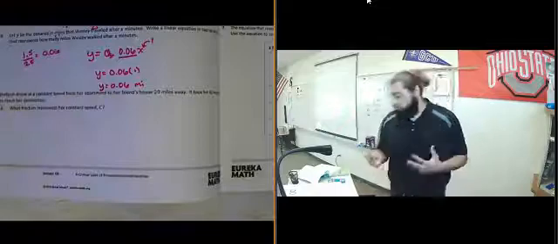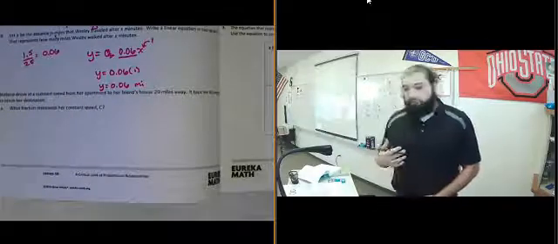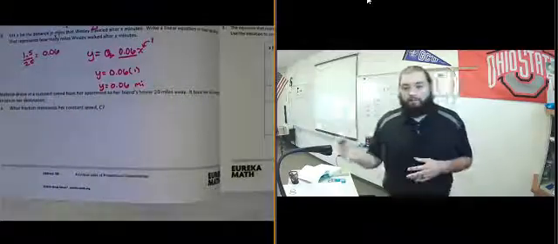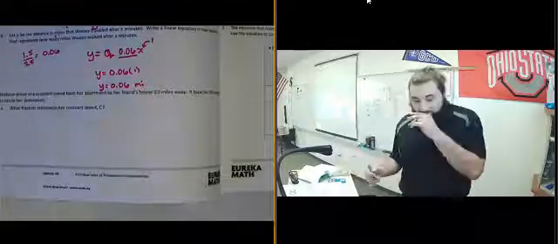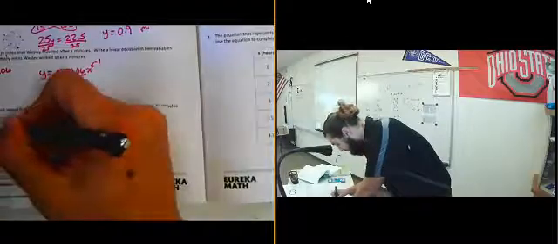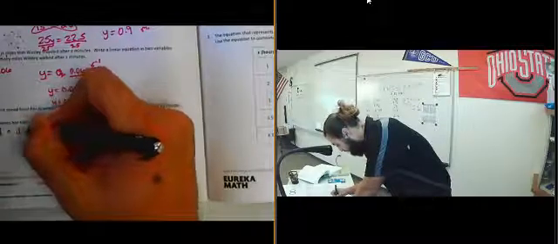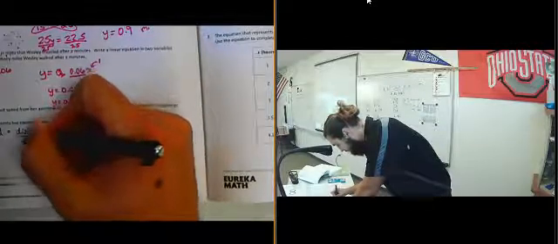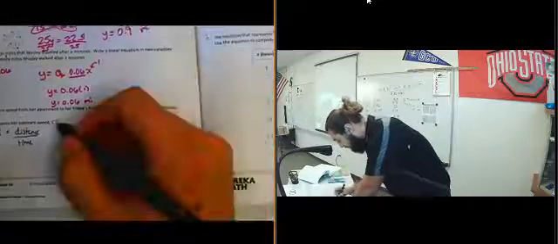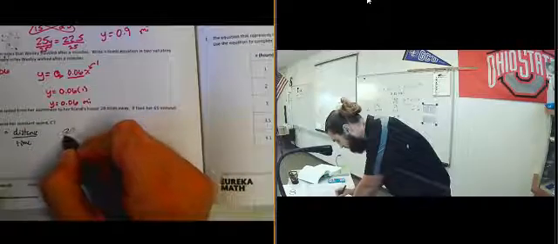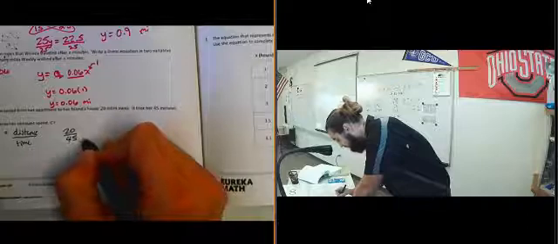For part A, they asked what fraction represents her constant speed. Again, speed is distance divided by time. So we need to continue to use that same formula. In this case, her distance is 20 and her time is 45 minutes.